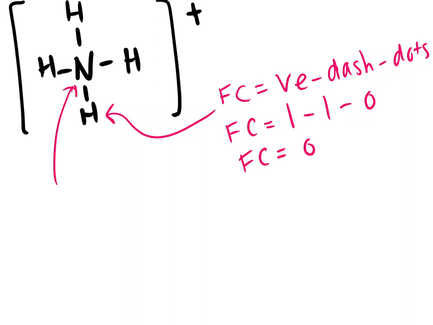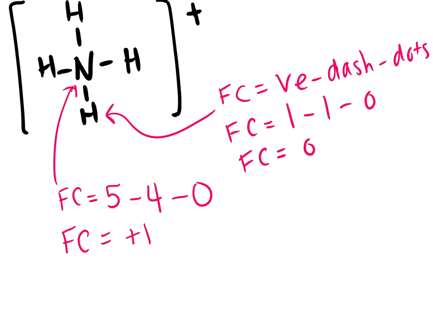Let's try the nitrogen. The formal charge on the nitrogen is equal to the number of valence electrons that nitrogen normally has, which is 5, minus dashes, minus 4 dashes, minus dots, there are no dots. So the formal charge on that nitrogen ends up being a positive 1. And we would normally put that on the structure as a charge with a circle around it like this.